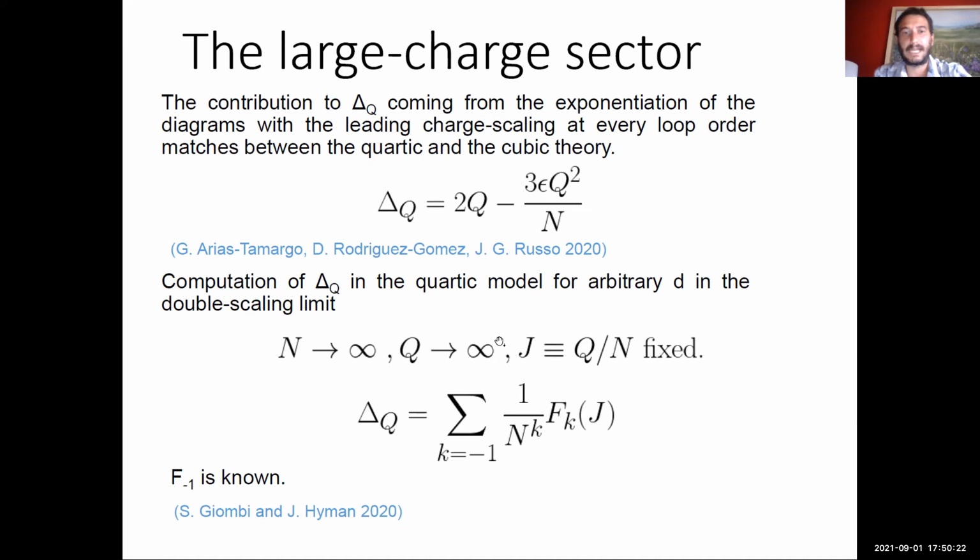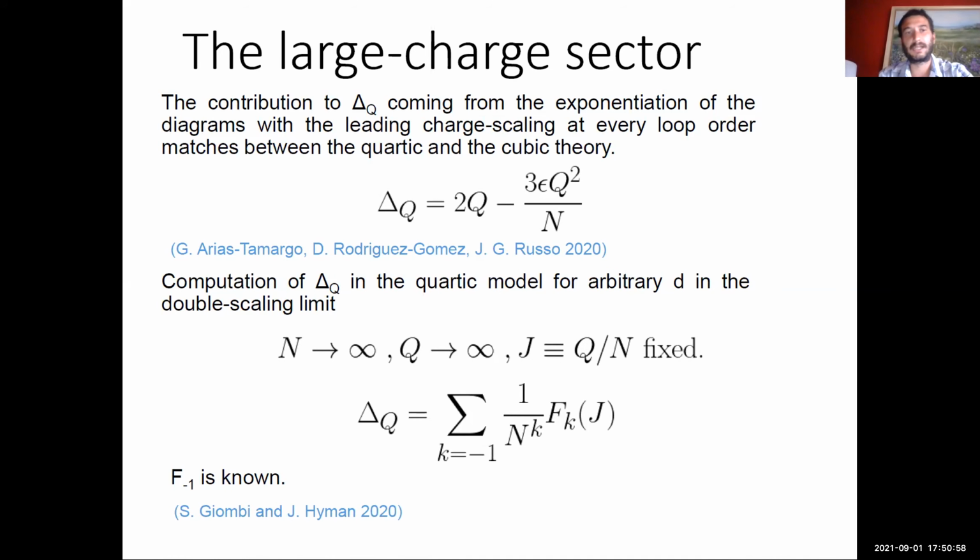In this case, the scaling dimension can be computed in the expansion shown in the slide as a 1 over n expansion, where every coefficient function f_k depends only on the combination Q over n. In particular, in this paper, Giombi and Hyman computed the leading order in this expansion, f_-1, which will be the result of interest in our work.